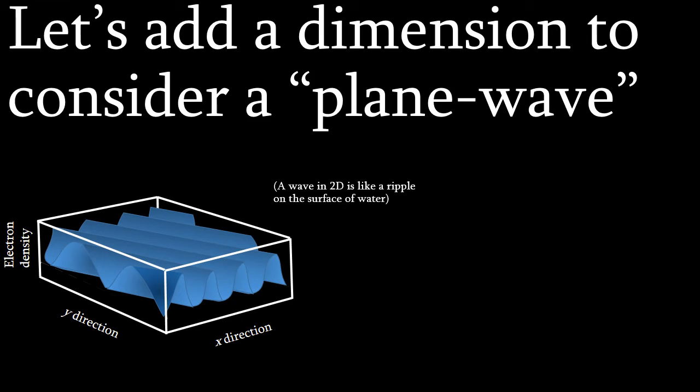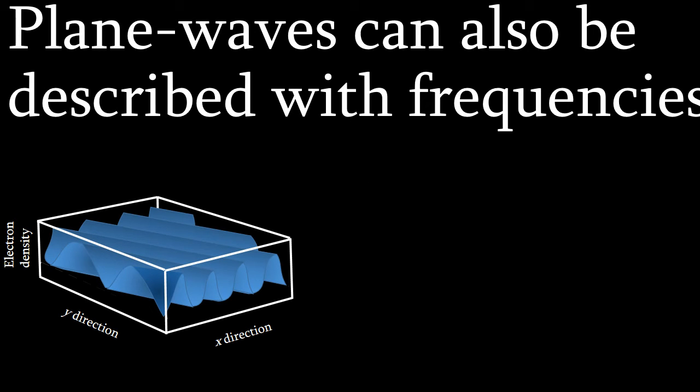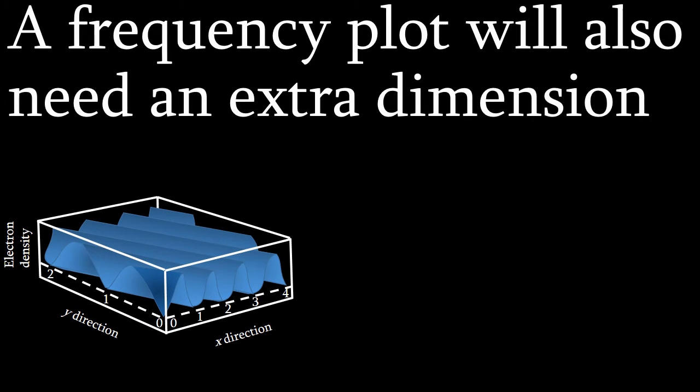A wave in 2 dimensions is like a ripple on the surface of water. Plane waves can also be described with frequencies. A frequency plot will also need an extra dimension.